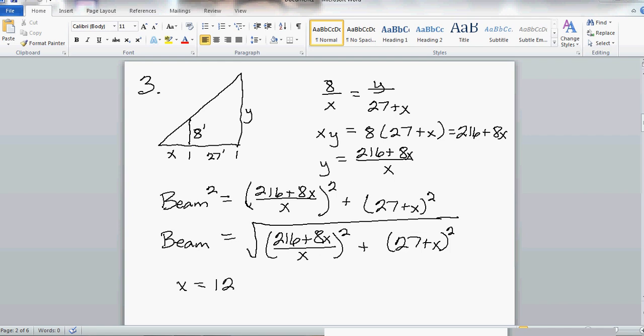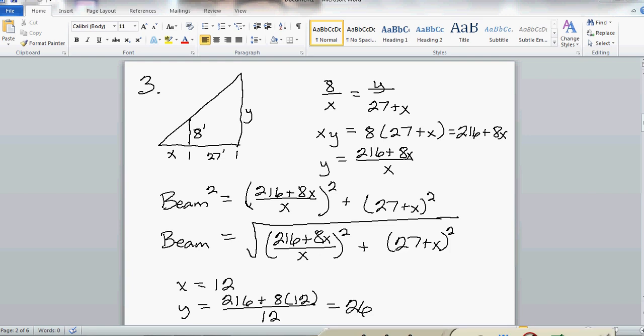Once we plug this into our graphing calculator and determine where the x-intercept is, it's at x equals 12. Now with that in mind, since we know x equals 12, we can now calculate y. Y would equal 216 plus 8 times 12 all over 12, which ends up equaling 26.